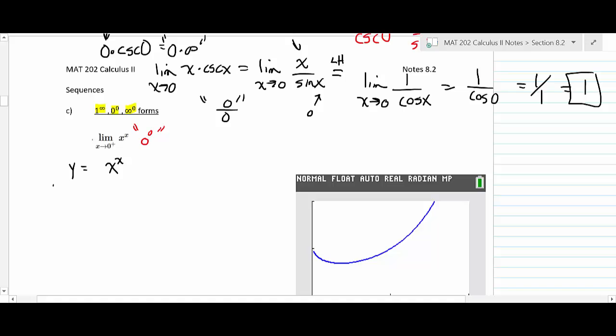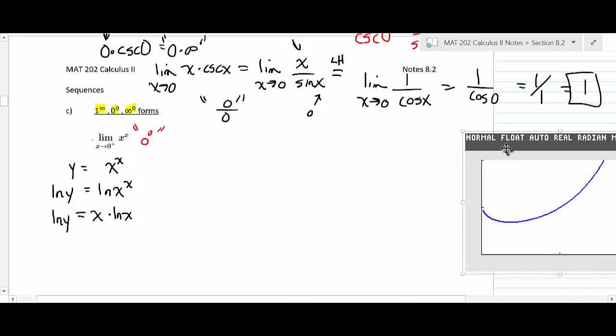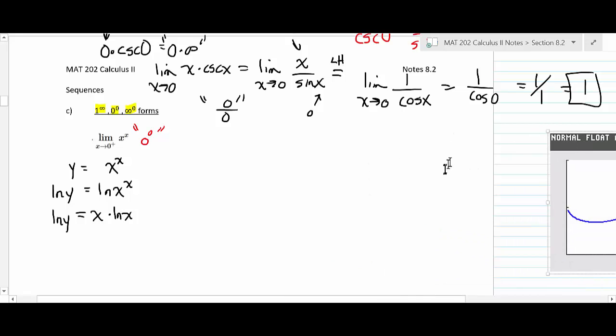So what I'm going to do is ln of y equals ln of x to the x. Now what do we do? Bring the x down, by the logarithm property. So we have ln of y equals x times ln of x. Now I'm going to put this limit together, and if you don't write your steps this way, there's a tendency to forget stuff.